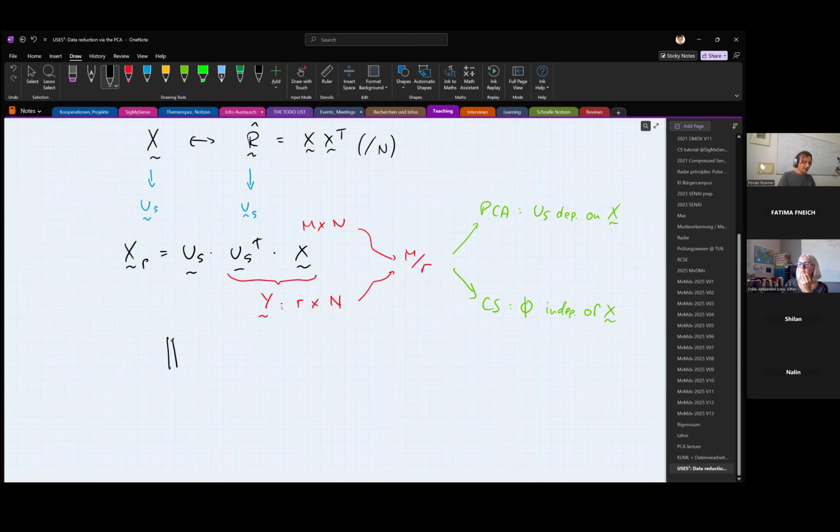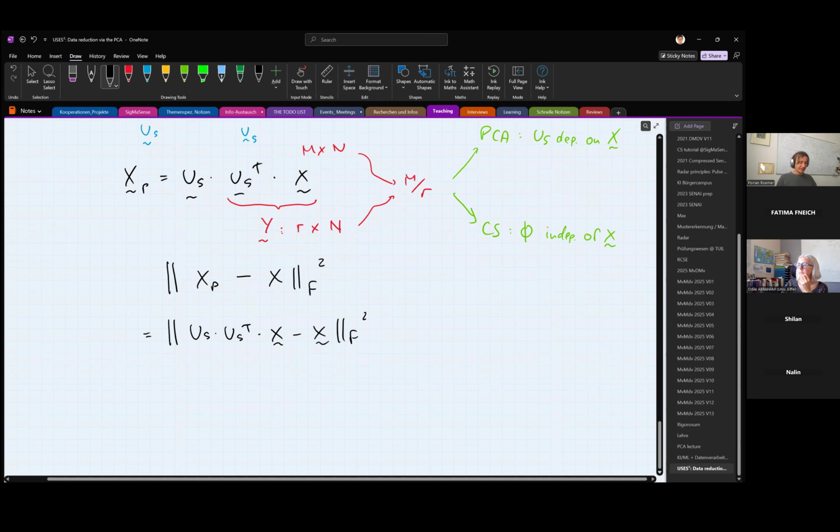The error we make is between this X_P, the projected data, and our original data. How big is this error? Let's say we want to know the squared Frobenius norm, just the sum of the squared errors. Well, that's relatively easy to compute, because X_P minus X is nothing but U_S times U_S transpose times X minus X.